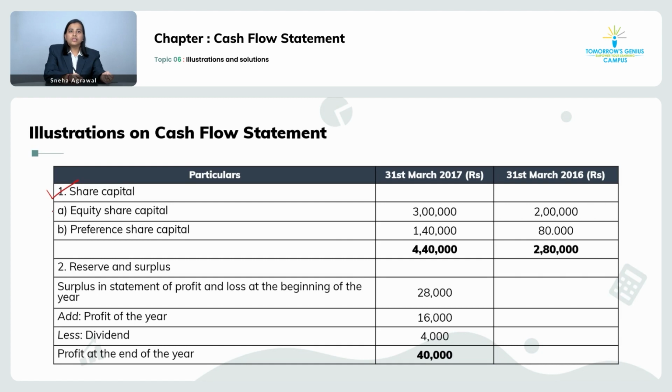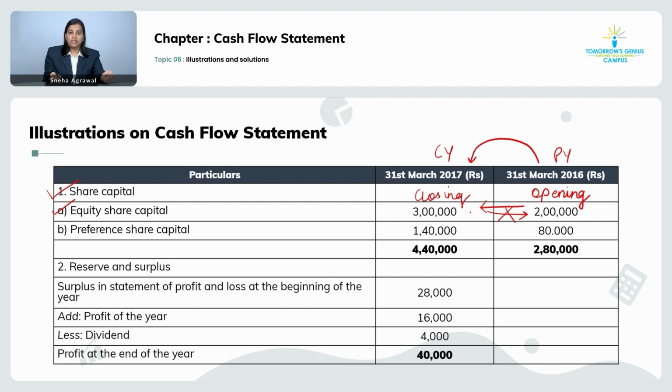We need to read it from the previous year to the current year. 2016 will be my opening year and 2017 is going to be my closing year. So the arrow won't be in this direction, it will be from right to left. So from 2 lakh it has increased to 3 lakhs.